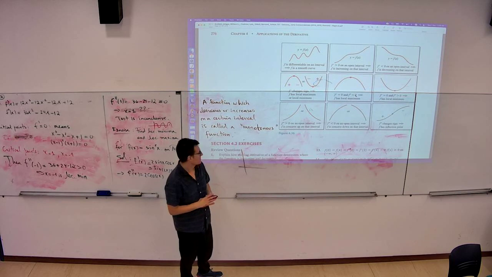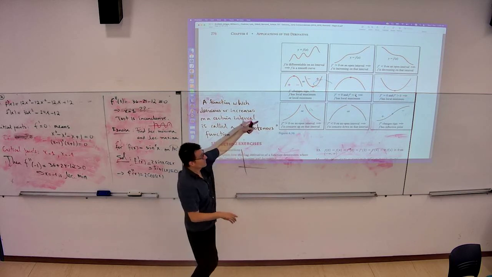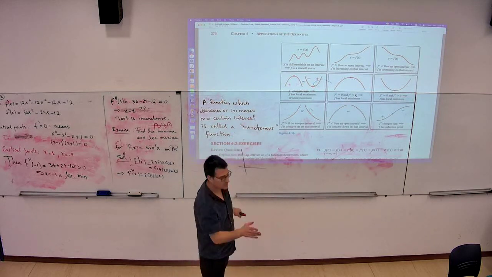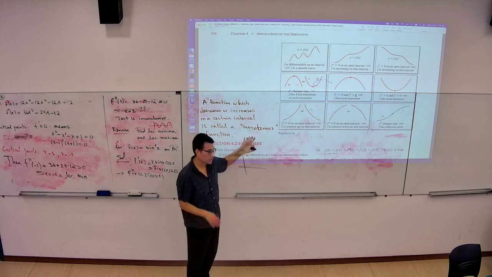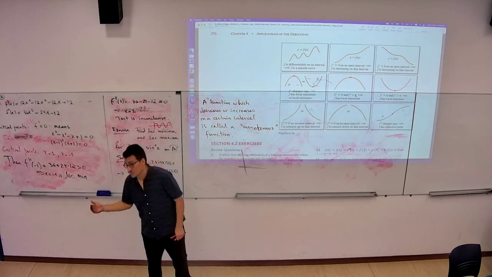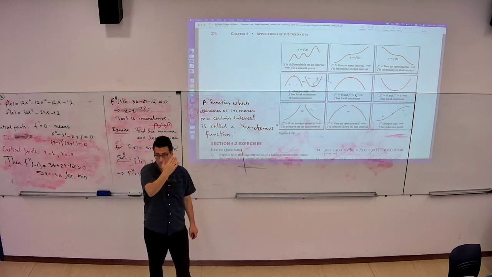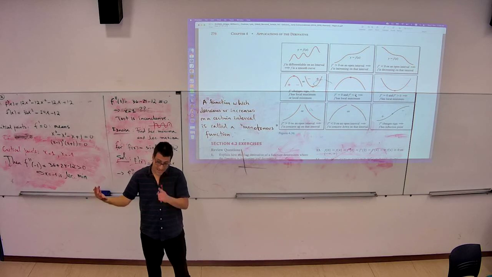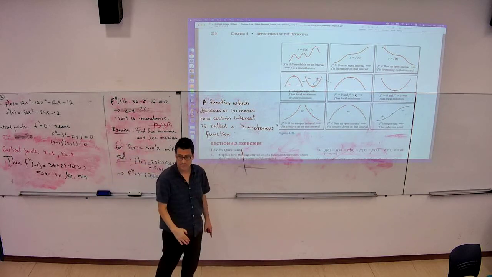Alright? And to determine monotonicity, you just need the first derivative. If the first derivative is positive, the function is monotonous, increasing. If the first derivative is negative, the function is decreasing.